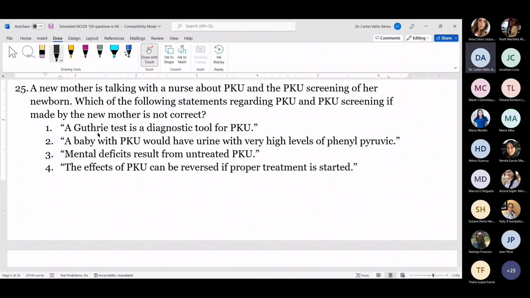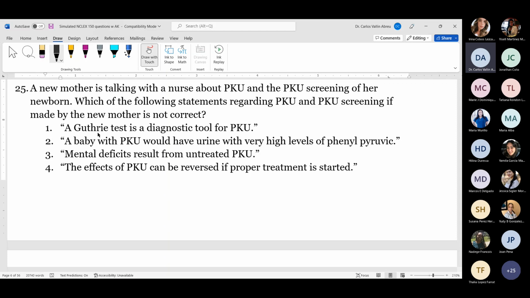So I'm helping you with that. A baby with PKU would have urine with a very high level of phenylpyruvic acid. Okay, it is true. The impossibility of degradation of the phenylalanine in the normal way is going to produce an accumulation of phenylpyruvic acid in the urine, giving a peculiar smell to the urine.